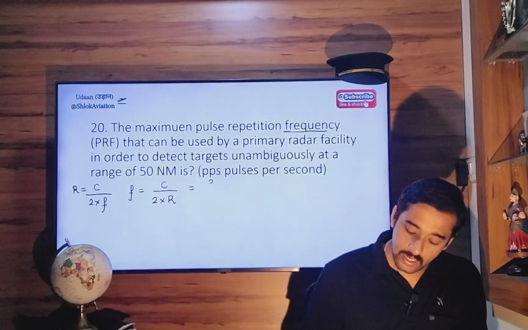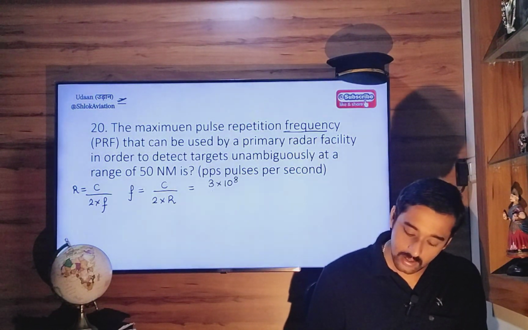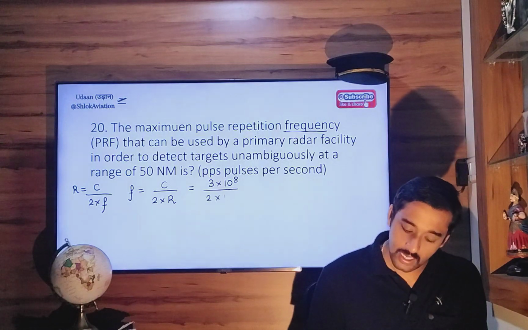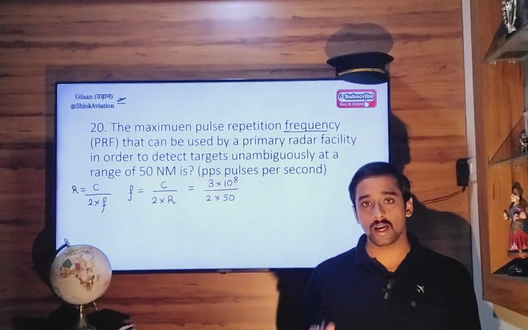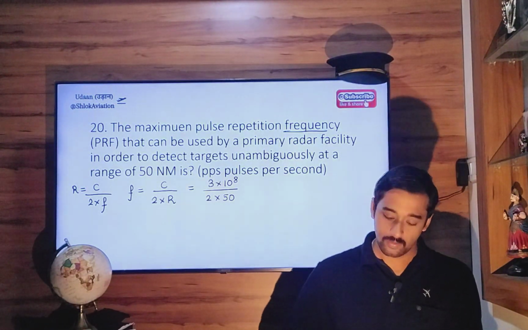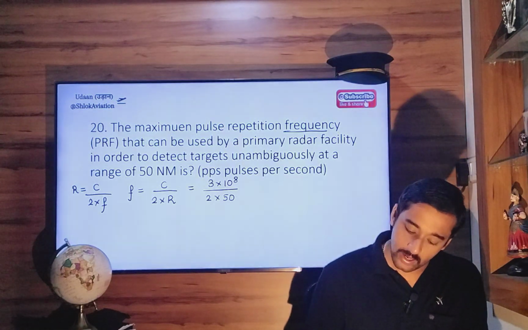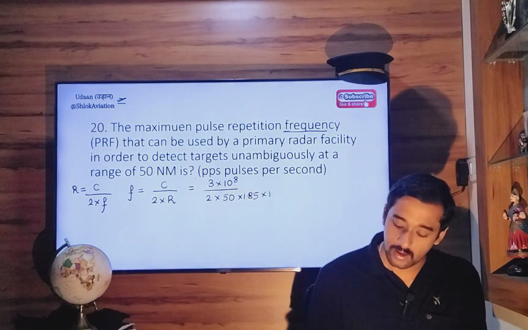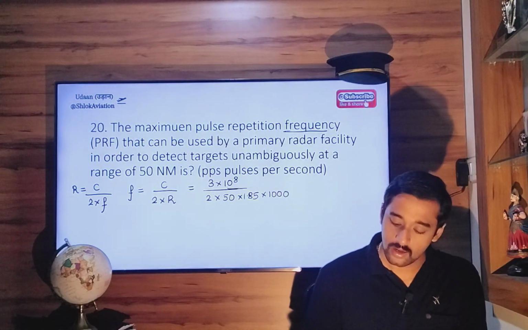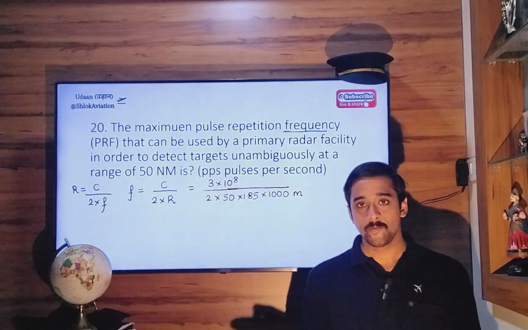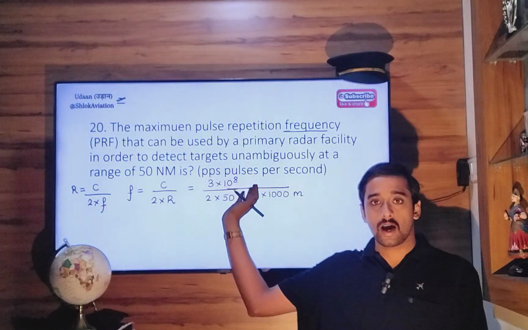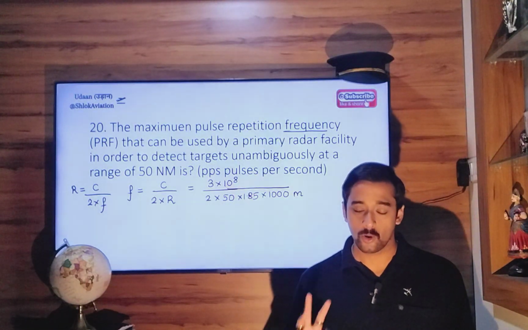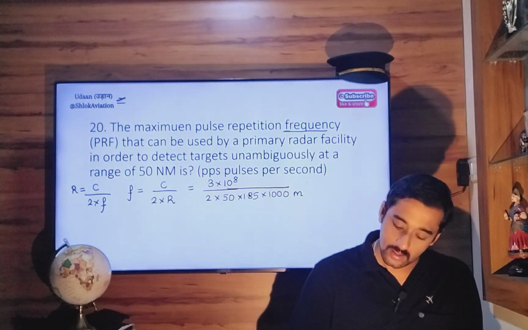So speed will be 3 into 10 raised to 8 meter per second. Range will be 50 nautical miles. Convert this 50 nautical miles into corresponding meter. So first multiply by 1.85 to make it kilometer, then multiply by 1000 or 10 raised to 3 to make it meters.